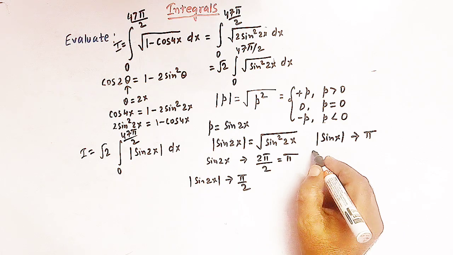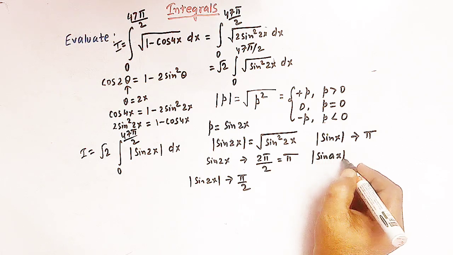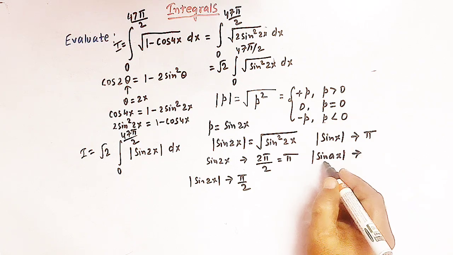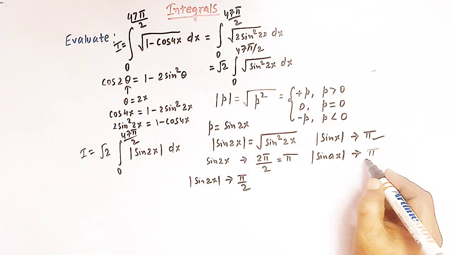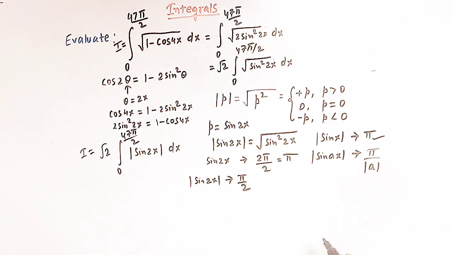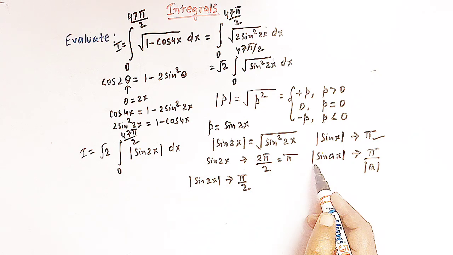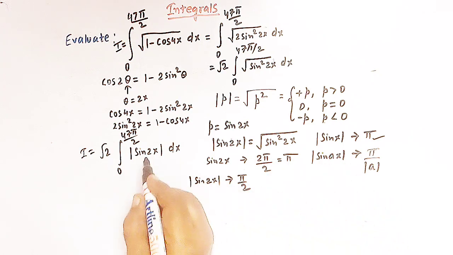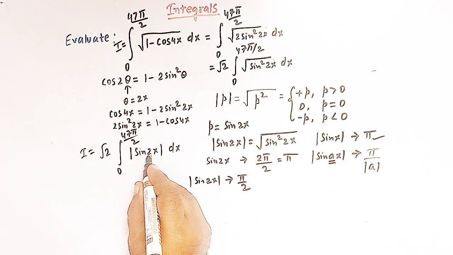And when we have a mod of sine ax, then the period of mod of sine ax is given by pi over mod of a, right? So if we compare here mod of sine 2x with mod of sine ax, then we can see that the value of a is 2, right?